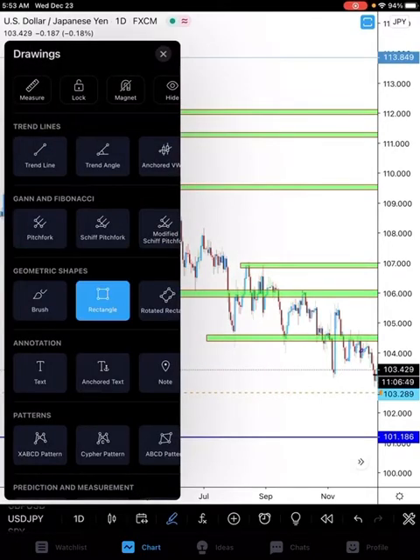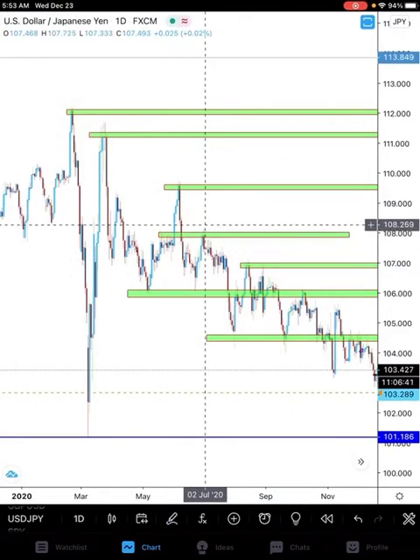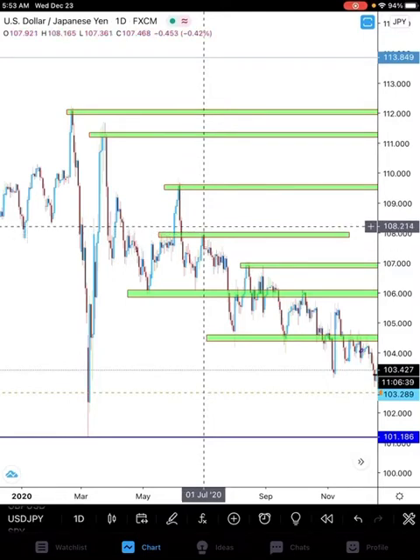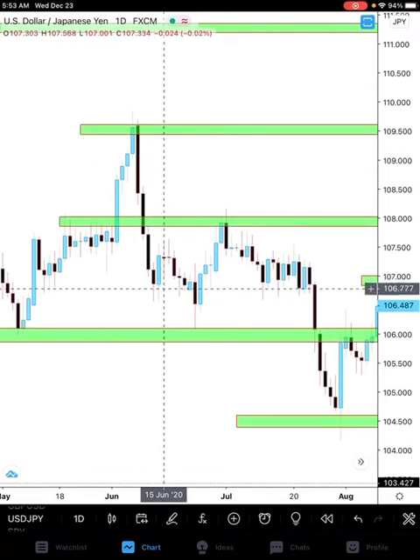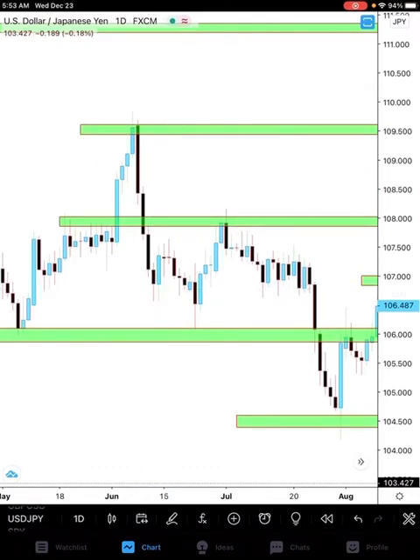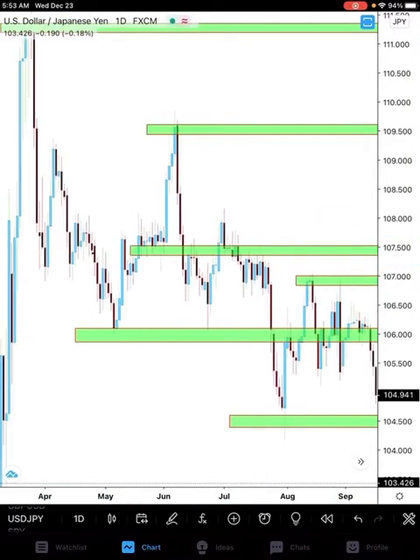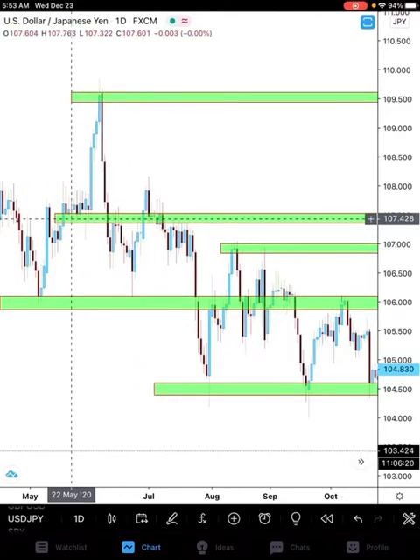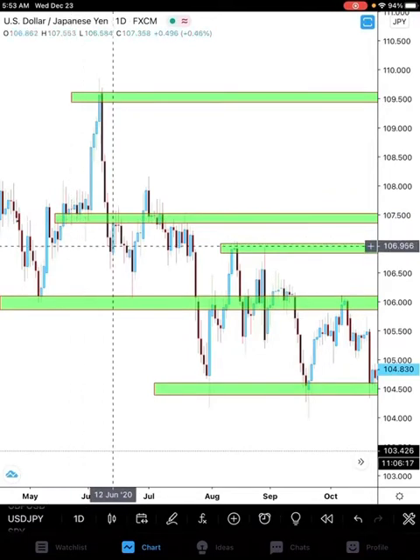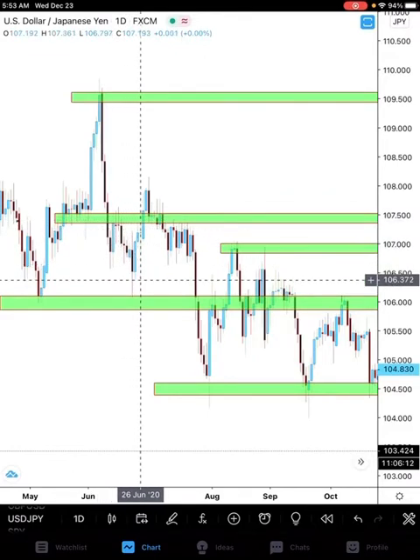But you can even see it here, just as the market's going down: it broke below support, came back up, found resistance, sold off, found support.